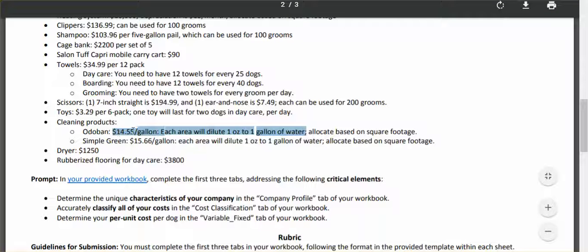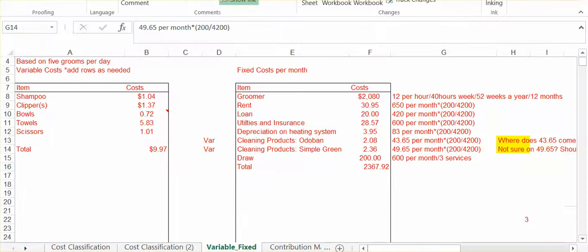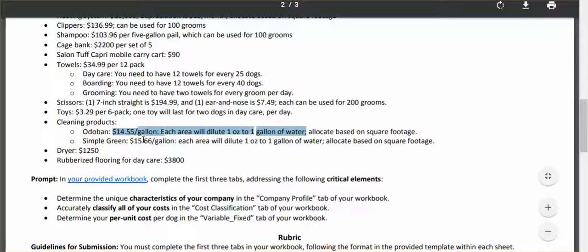If I multiply that by 3, I get the number 43.65. So maybe it needs 3 gallons for the 3 areas, and then you allocate it based on area. That would be okay. The 49.65 doesn't really make sense though, since 15.66 times 3 doesn't equal that.